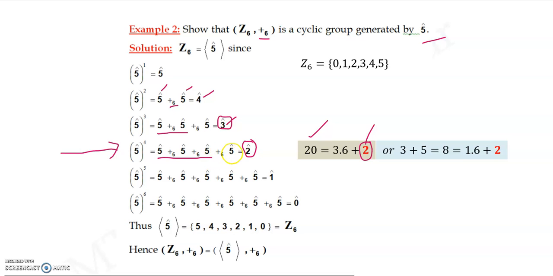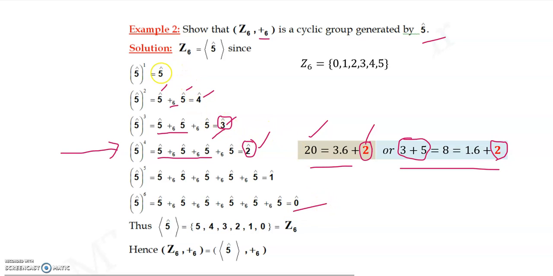So 3 plus 5, how much? 8. For the first three 5s, you have answer 3, and then you add 5, so 8. Now you do the modulo 6, that is 8 equals 1 multiplied by 6 plus the remainder 2. That's why this answer is 2. Either you can check by this method or this method, both are right. In a similar way you can write until 5 power 6. See what you are getting? 0.